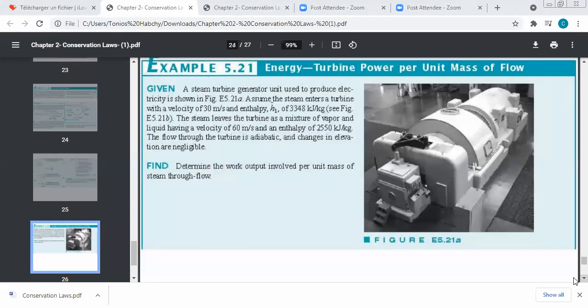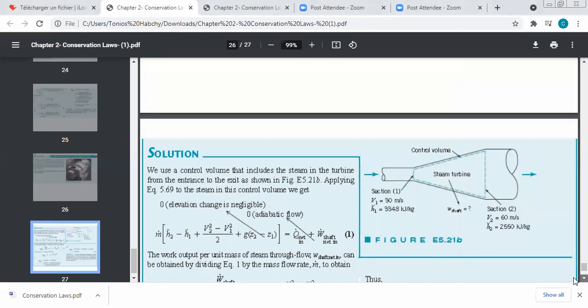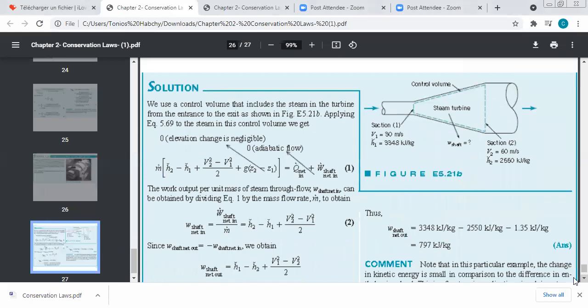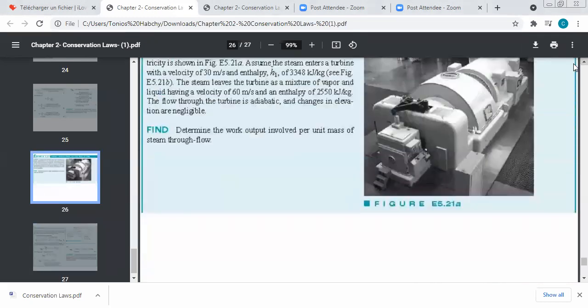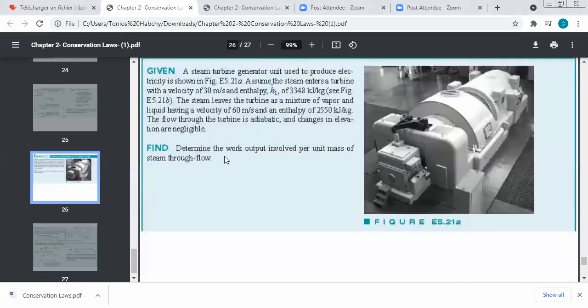So what I will do now, I will go here to my energy equation and apply it. My purpose here is to determine what they are asking, which is the work output per unit mass of the steam flowing through.